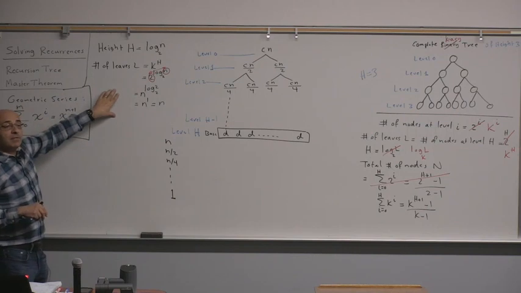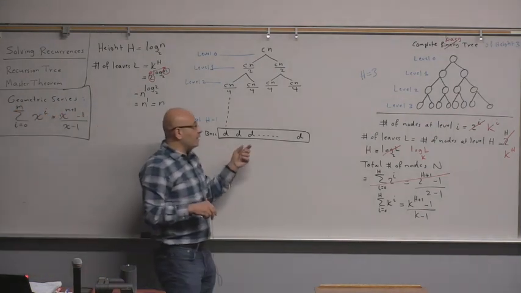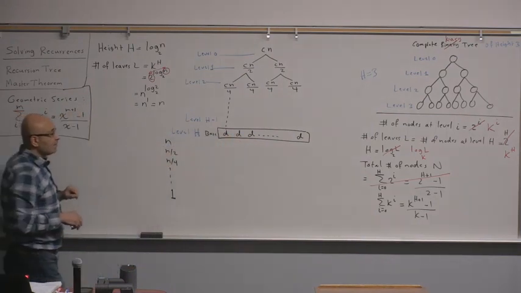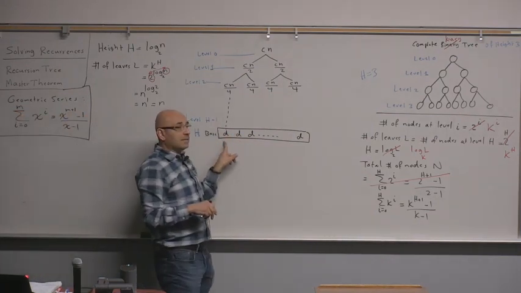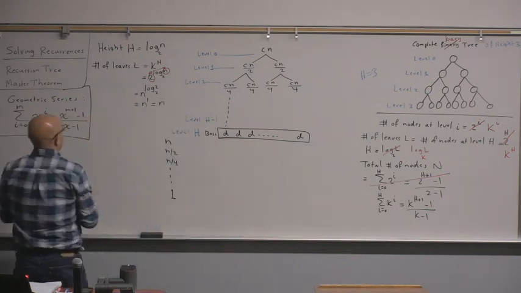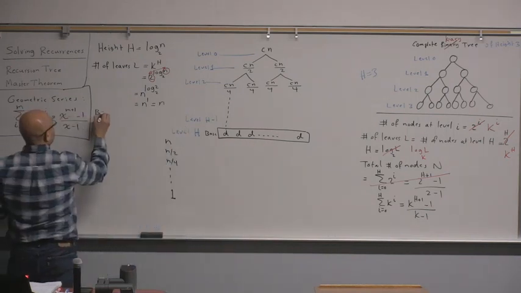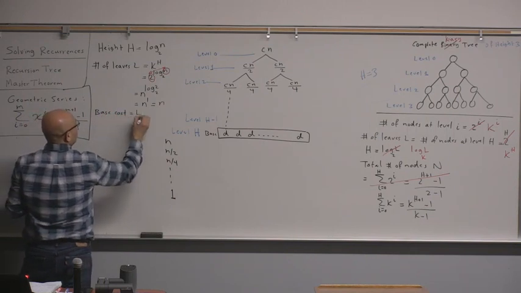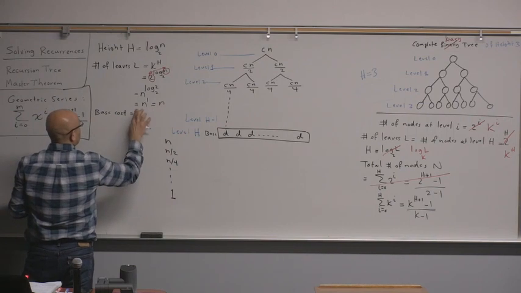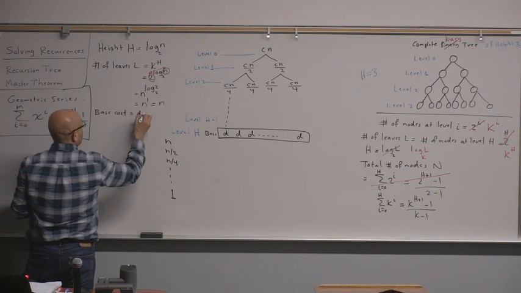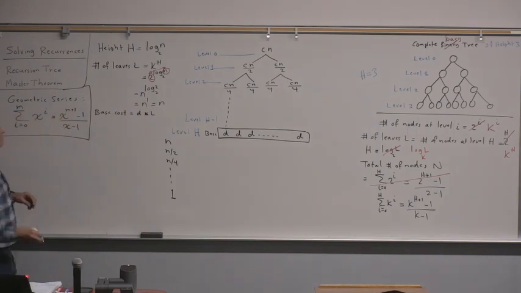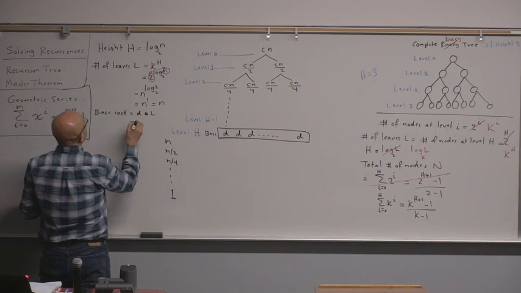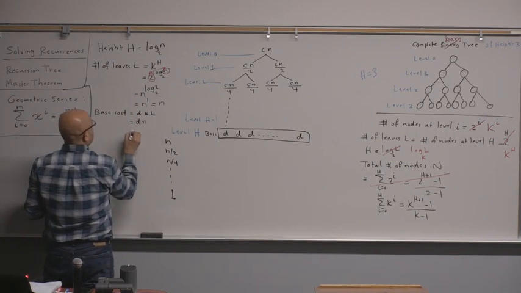When we calculate the number of leaves, we can calculate the cost for the base level in the tree by multiplying this constant by the number of leaves. So the base cost equals L times D, or D times L, and that's going to be D n, which is theta of n.